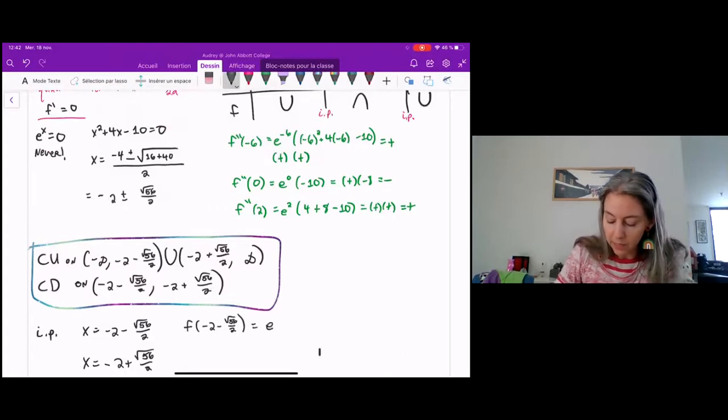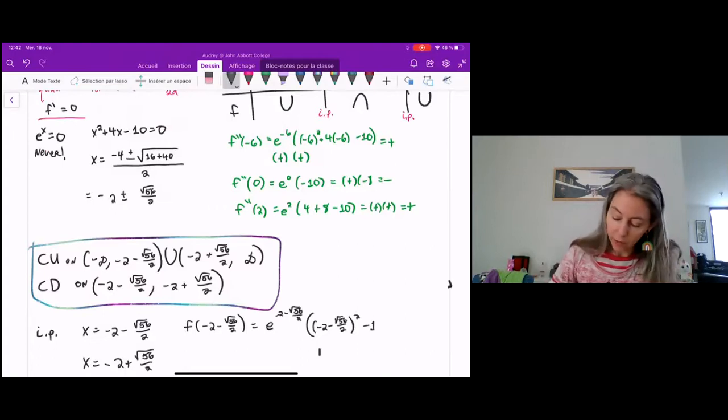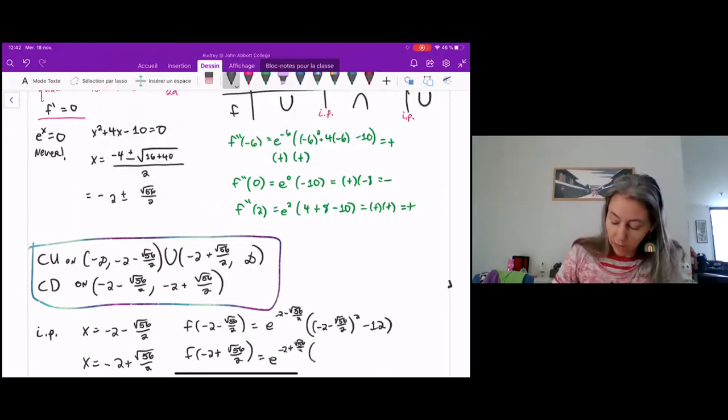That gives me e to the negative 2 minus root 56 over 2 times negative 2 minus root 56 over 2 squared minus 12. And then f of negative 2 plus root 56 over 2 is equal to e to the negative 2 plus root 56 over 2 times negative 2 plus root 56 over 2.